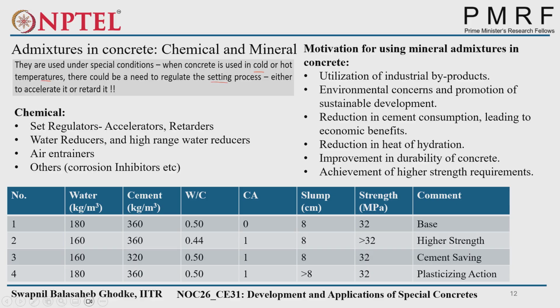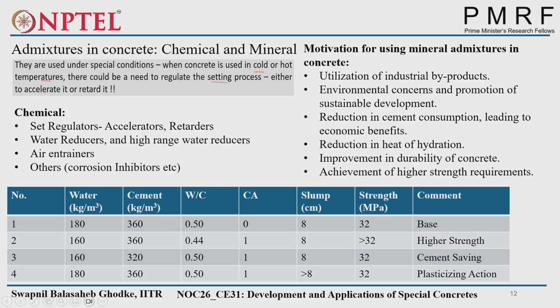So there are two main benefits: we can reduce the water cement ratio and increase the strength, and we can reduce the cement content, saving cement. One is higher strength by reducing the water cement ratio, and the other is an economical mix by reducing the cement content.